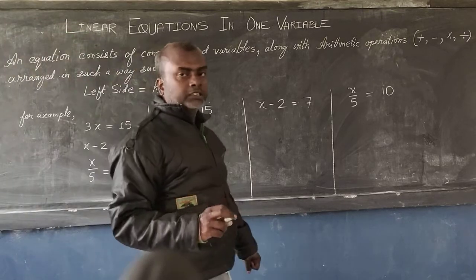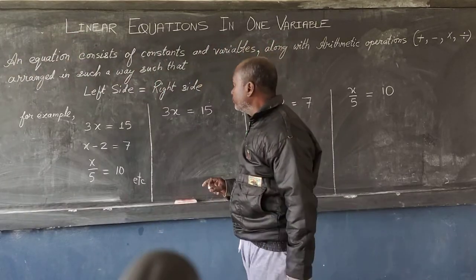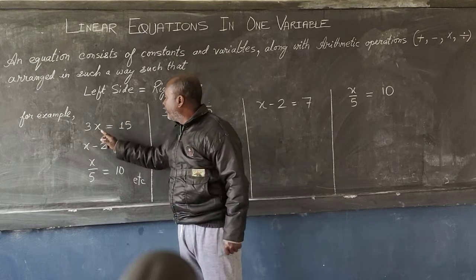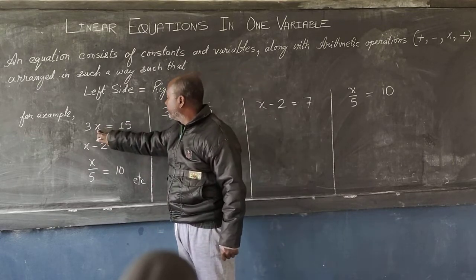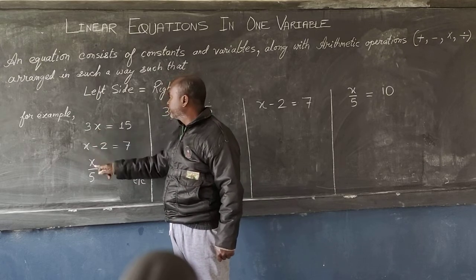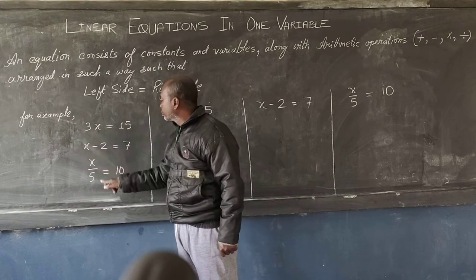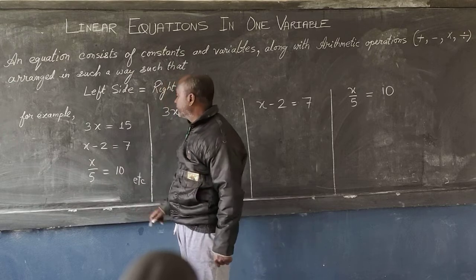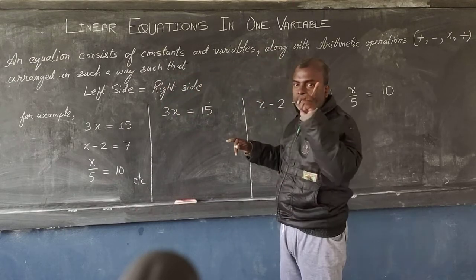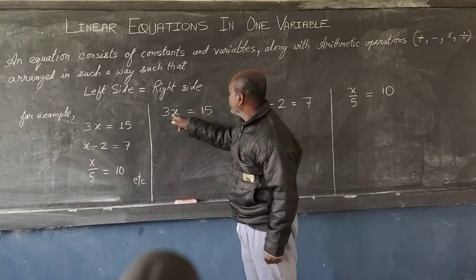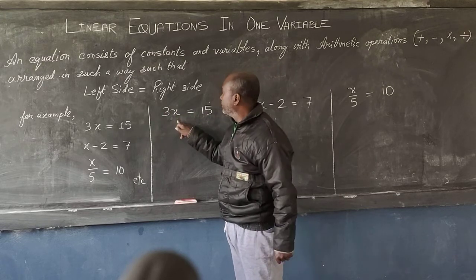Alright, now in the next part, we are going to find the value of this variable. So in this case, the variable that I have given is x. In this case also x, here is also x. So we are going to study an equation which has one variable. This equation, I have written separately.